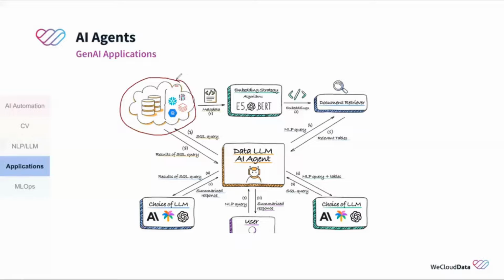So in your data warehouse or data lake, right, there is a lot of metadata about the data, like the database schemas, right, and all of that metadata information, and those are text data. And the metadata, you can feed into a large language model to create the embedding, right? Similar to RAG, you can embed this metadata and store that in a vector database.